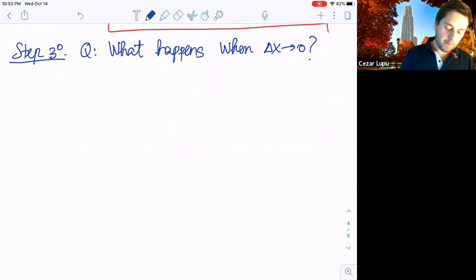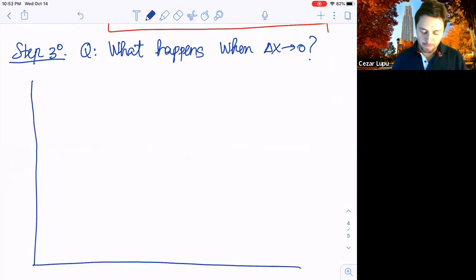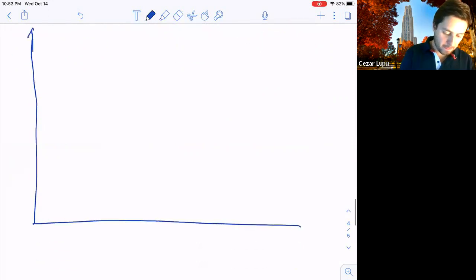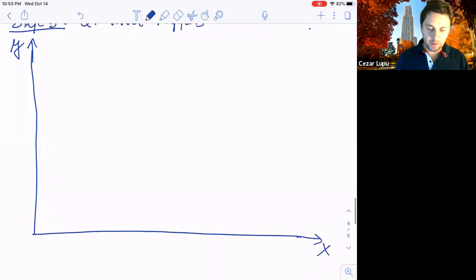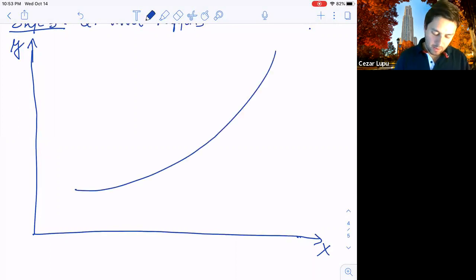Let me draw a picture again. XY axis. And let's just say that my curve is like this. Now let's say I have here my point P. This is where my point Q is.